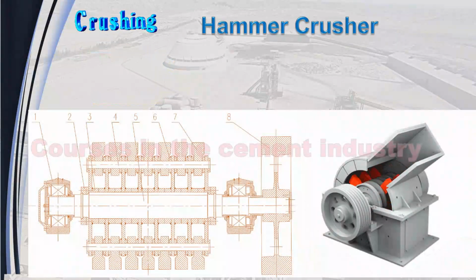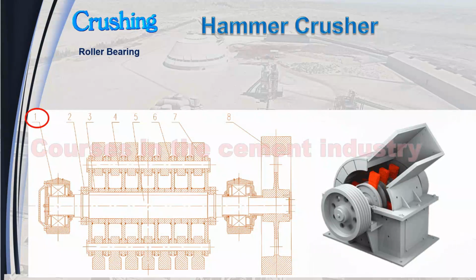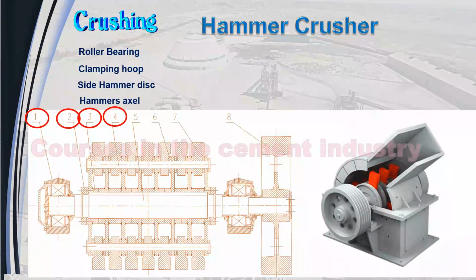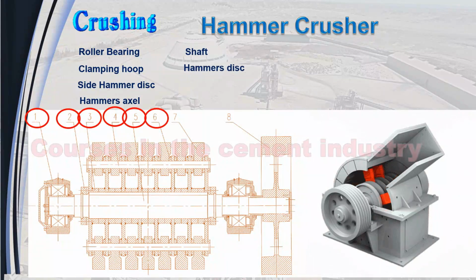Another figure shows hammer crusher components. 1. Roller bearing. 2. Clamping hoop. 3. Side hammer's disc. 4. Hammer's axle. 5. Shaft. 6. Hammer's disc. 7. Hammer. 8. Flywheel.